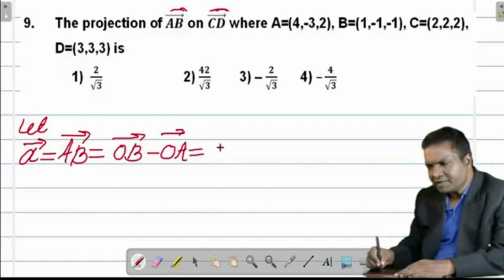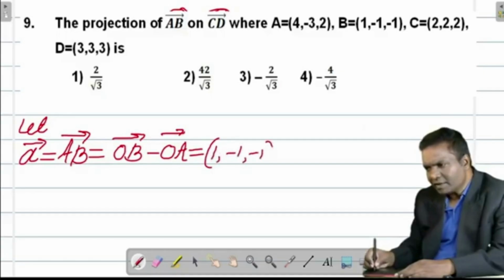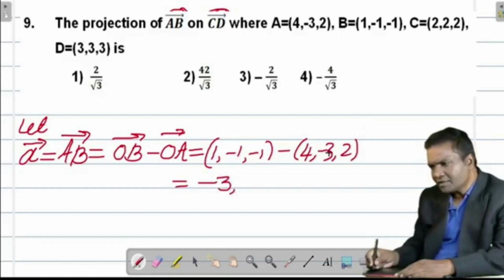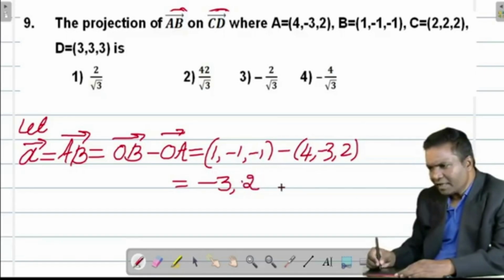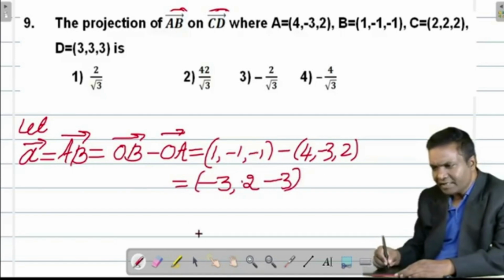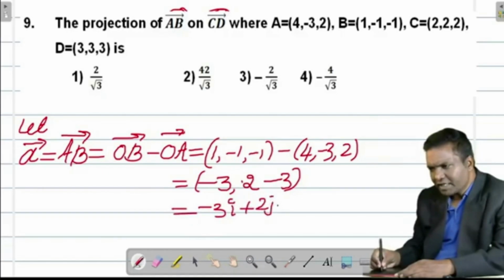From the given coordinates, coordinates of B are 1, minus 1, minus 1, and coordinates of A are 4, minus 3, 2. Subtract them: 1 minus 4 is minus 3, minus 1 minus of minus 3 is plus 2, and minus 1 minus 2 is minus 3. This is vector A. You may write it in terms of ijk as minus 3i plus 2j minus 3k.